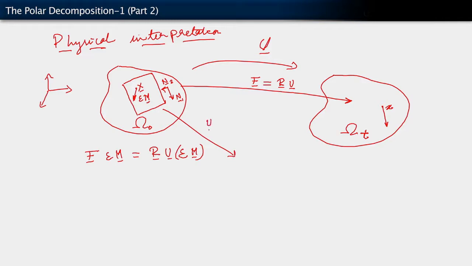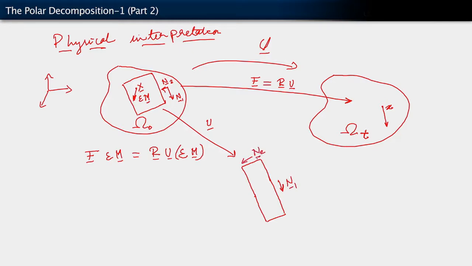The effect of U is to take that neighborhood and stretch it out along its eigenvectors. That eigenvector is n1, that eigenvector is n2.